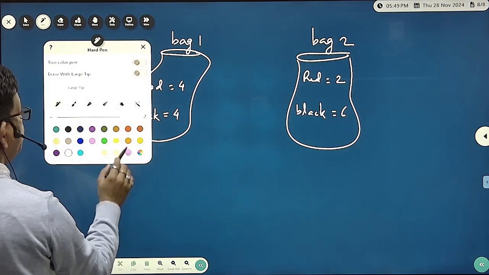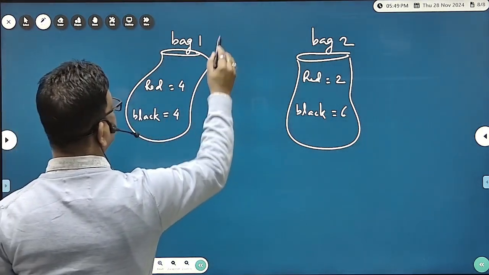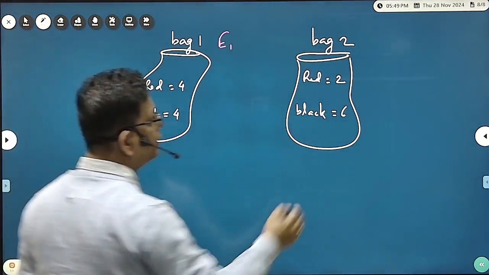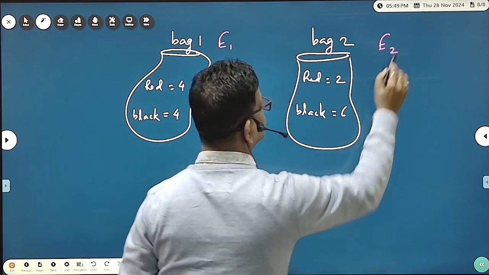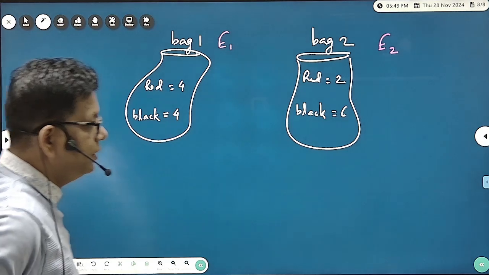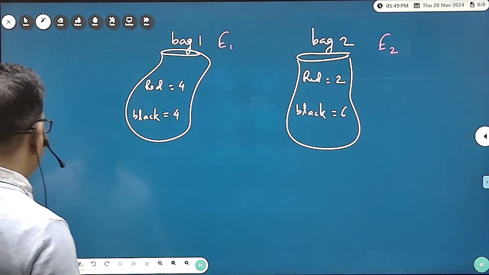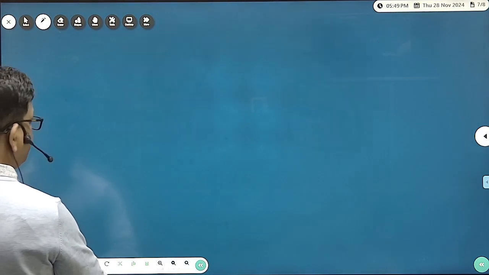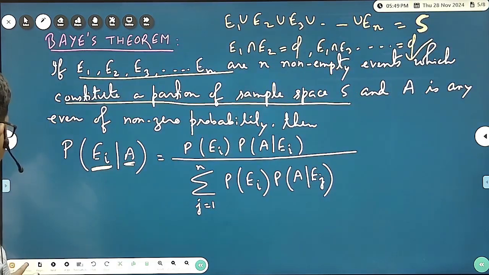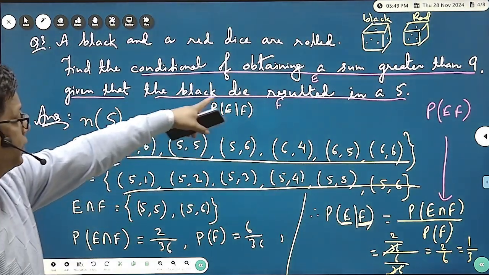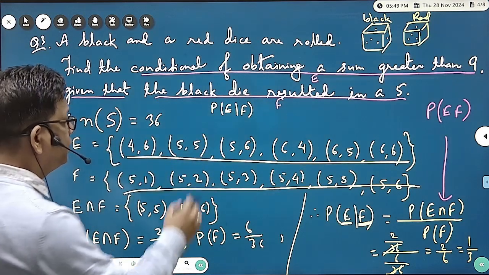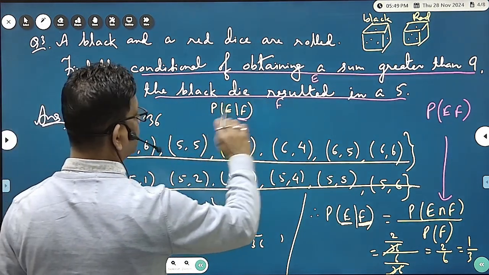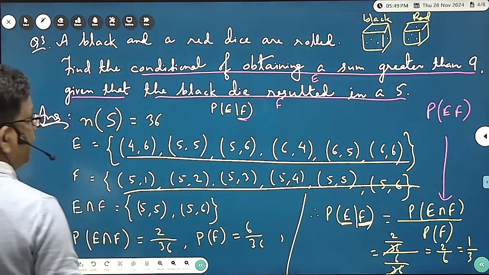There are 2 bags. Bag 1 we will take as E1, and bag 2 we will take as E2. Is it clear? In the earlier questions, F was the condition, that the black die resulted in a 5.